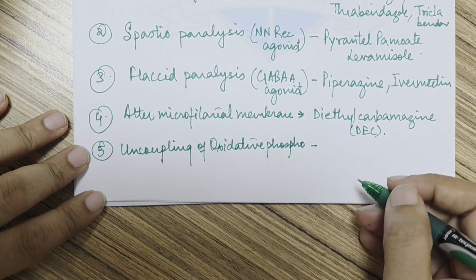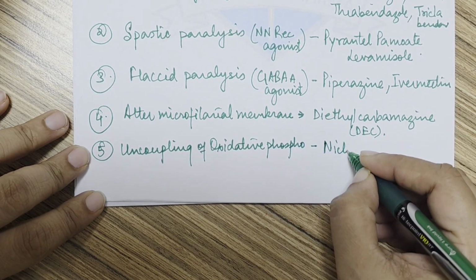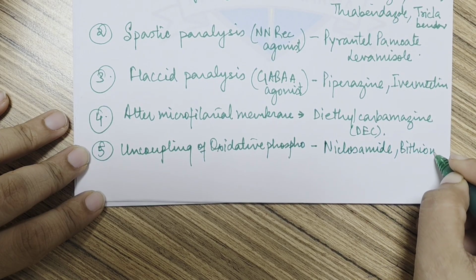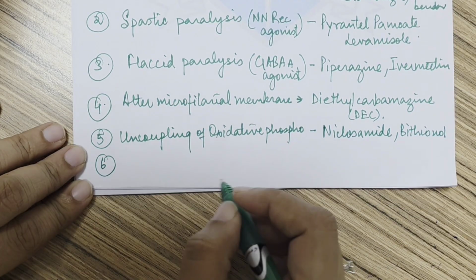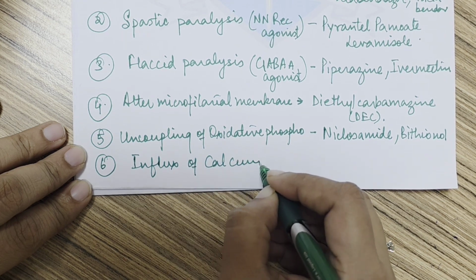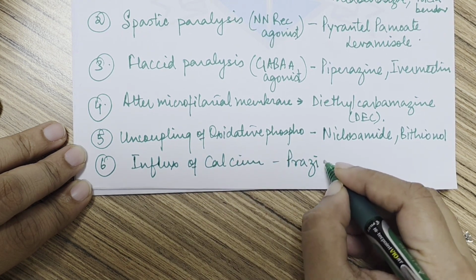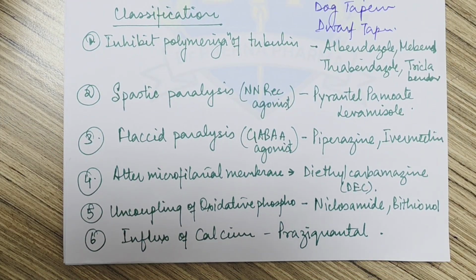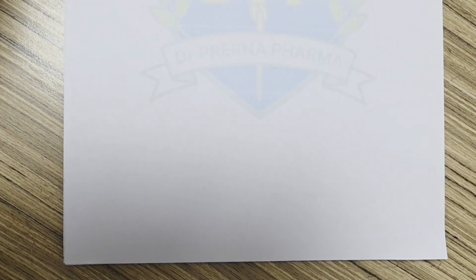So in this we have niclosamide and methionine. Okay, and the sixth and the last category is drugs which cause influx of calcium. In this we have praziquantel, right? So this is the classification of the anti-helminthic drugs. Now let us take them one by one.